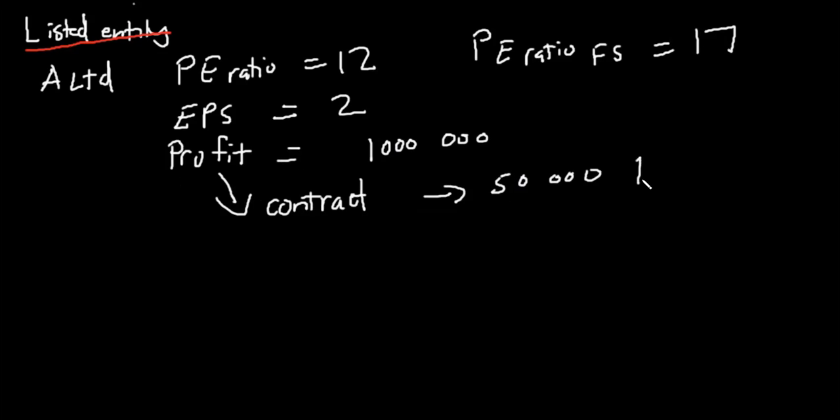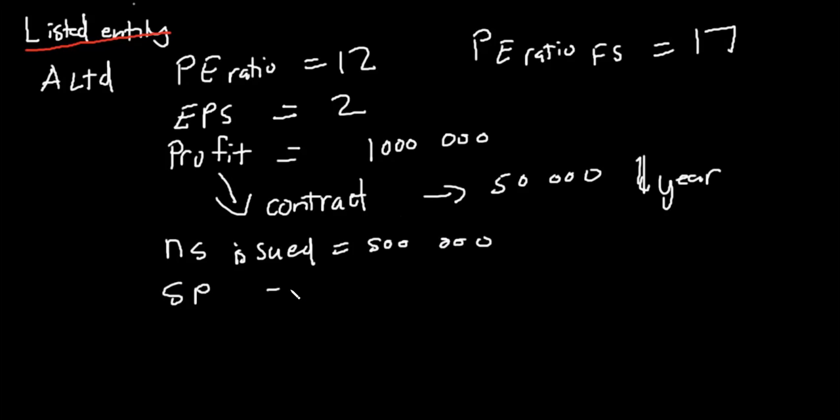That was for that 1 year, so it's not expected to continue in the future. It was only for that 1 year. It was a once-off revenue. Cool. And we're also told that the number of shares issued by A Limited is 500,000. Now, the share price of A Limited is currently 20.